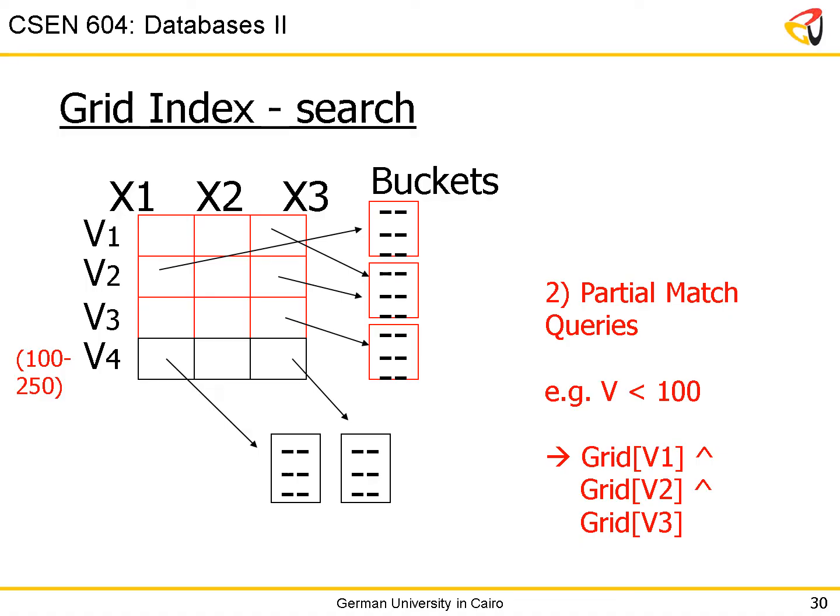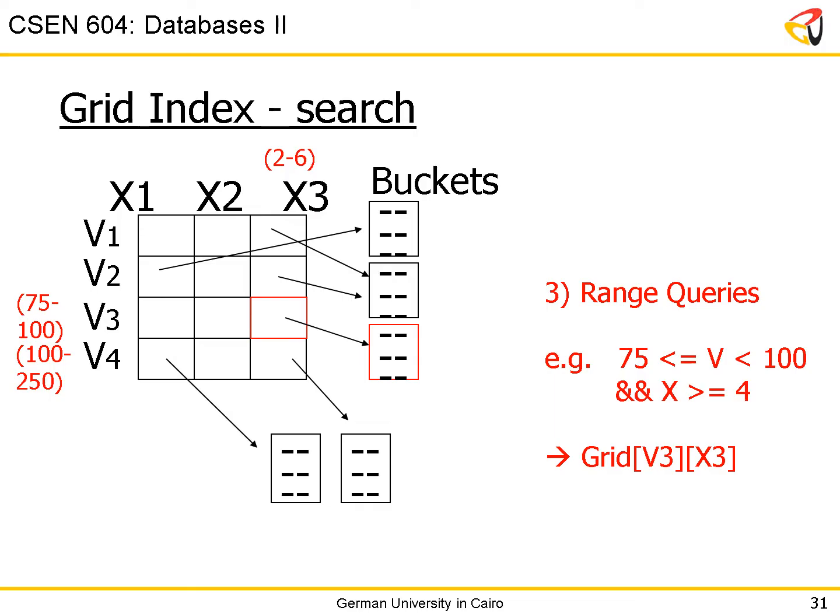All the arrows coming out from the first 3 rows will be pointing to pages, or buckets, that I need to read, because these contain addresses of rows that are part of my result set. So as you see here, we can answer partial queries quite efficiently, because we isolate on the dimension that is given to us in the query. We're going to isolate the rows or the columns we're going to work with in log n, plus again some k processing.